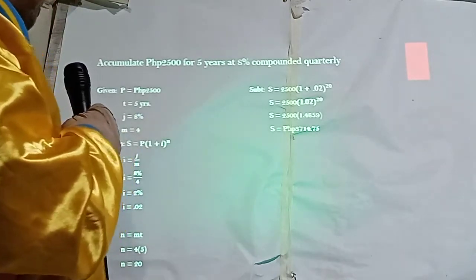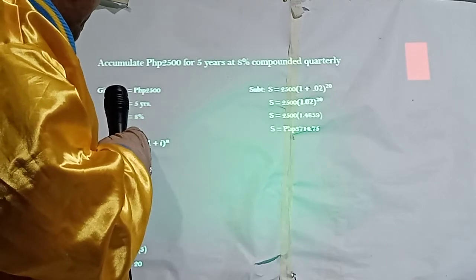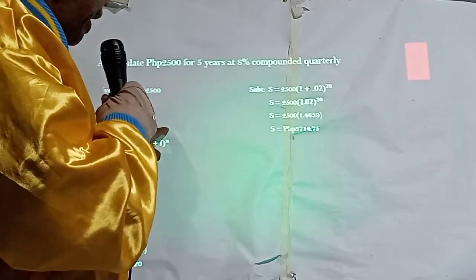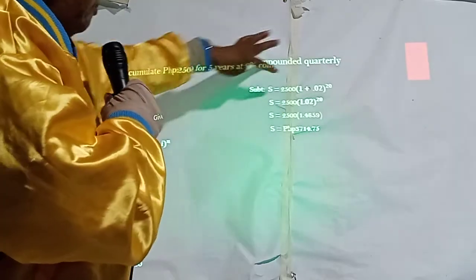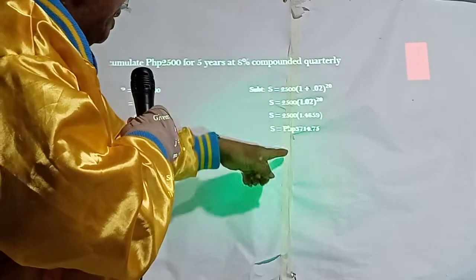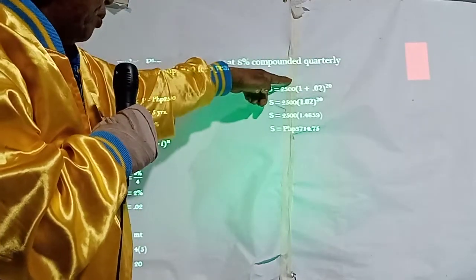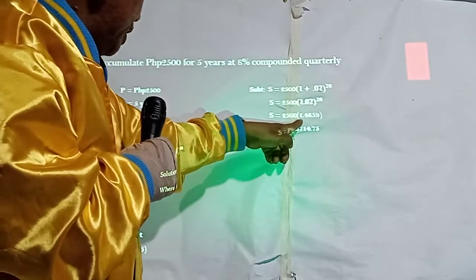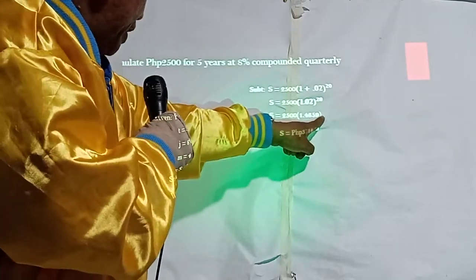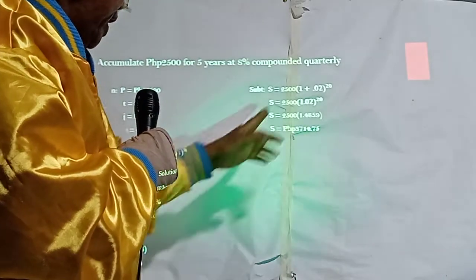So from the equation now, S is equal to P, then open parenthesis, 1 plus I raised to N. So we have now a P of 2,500 times the constant 1 plus 0.02. So in your calculator, you raise 1.02 to 20. The value of 1.02 raised to 20 is 1.4859.